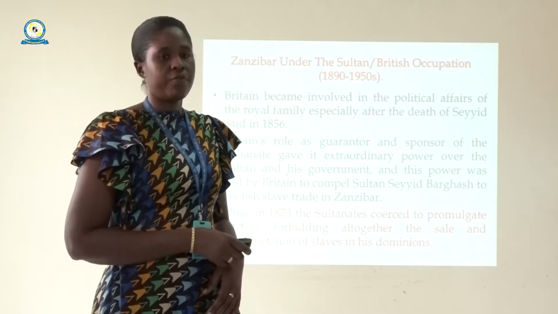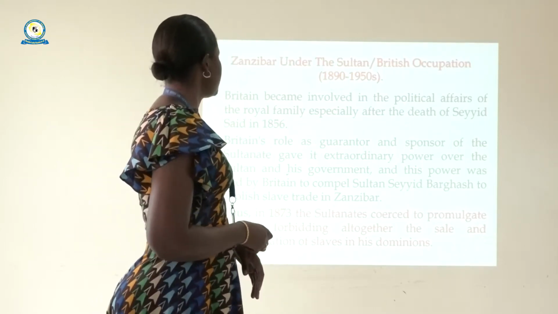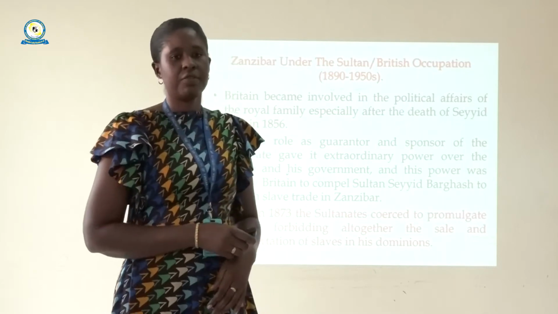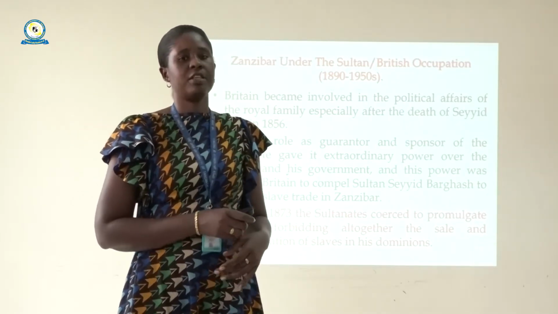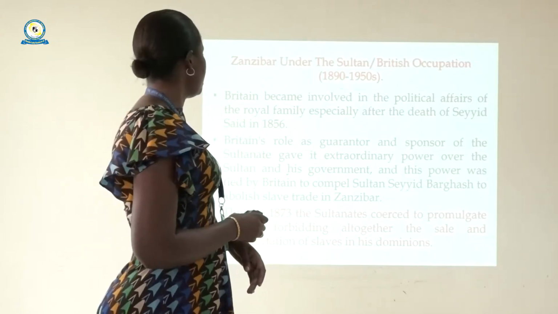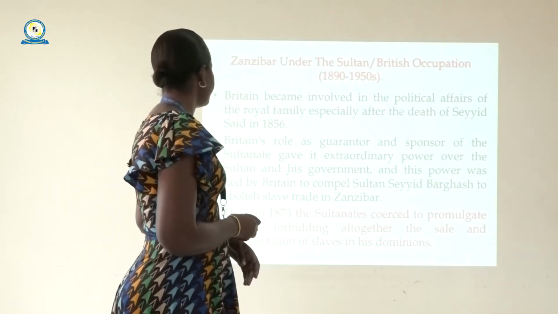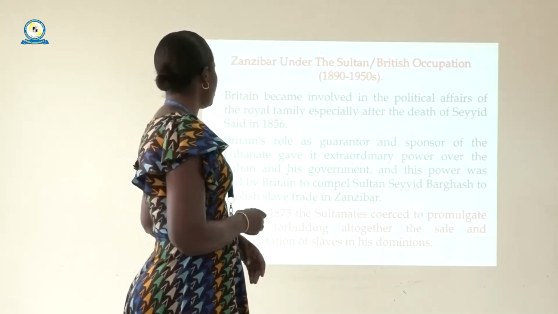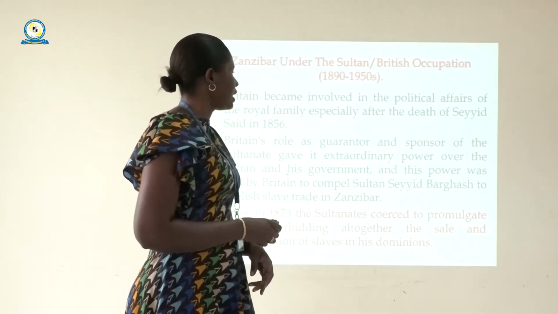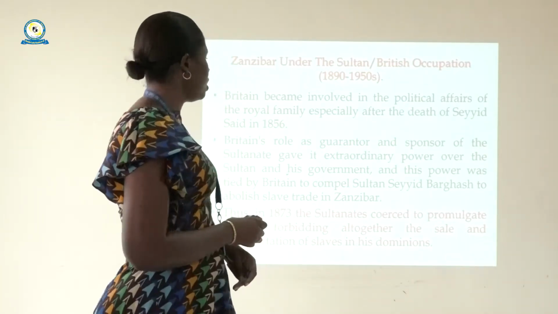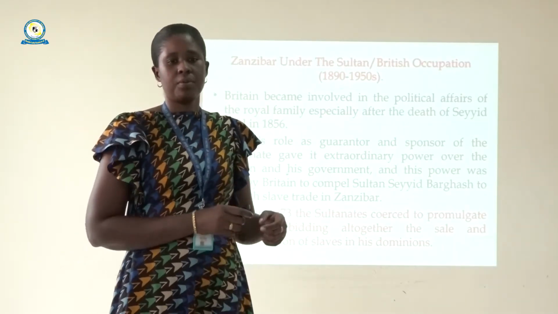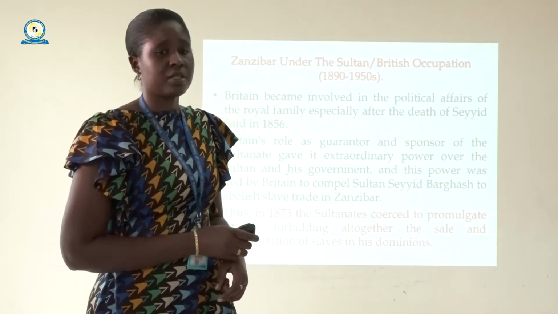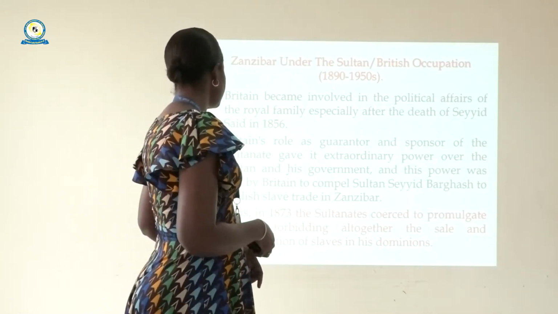After the death of Sultan Said in 1856, we are told that Britain became involved in the political affairs of the royal family. The role of the British was guarantor and sponsor of the Sultanate, which gave them extraordinary power over the Sultan and his government.